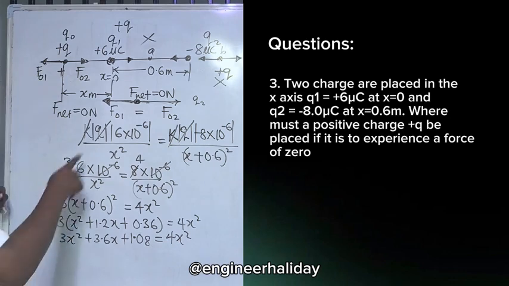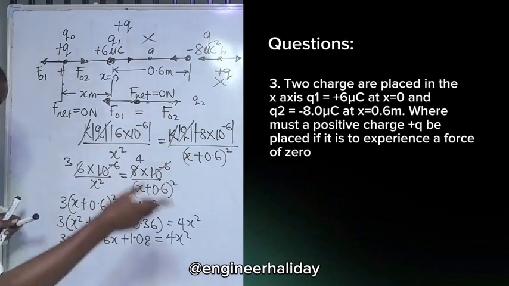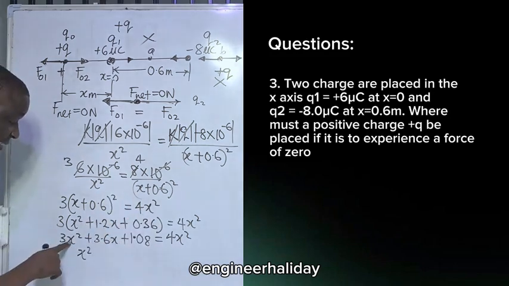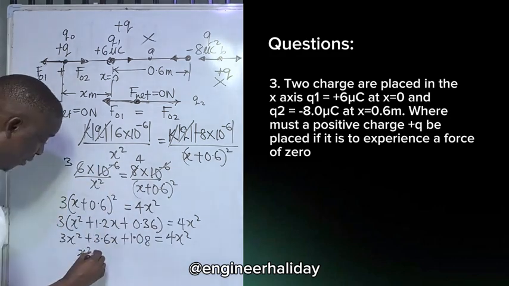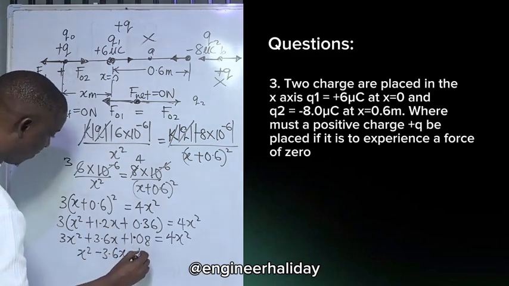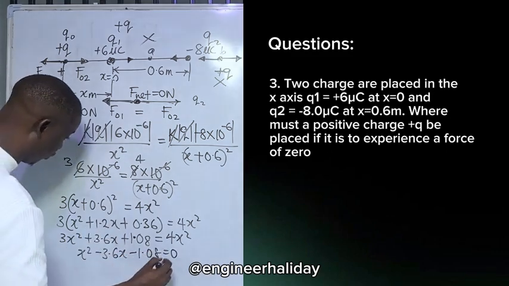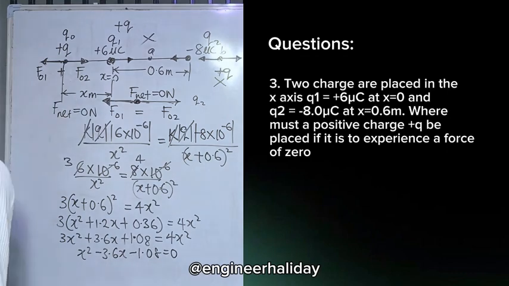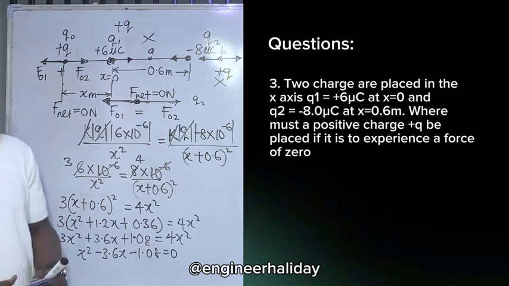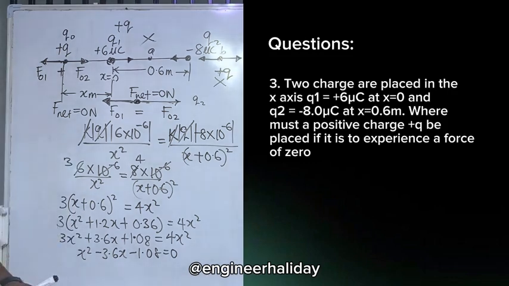Collect like terms. Let's move this one to the other side. If this one moves to the other side, we have x squared, because 3x squared removed from 4x squared gives x squared. This one moves, we have minus 3.6x. This one moves, we have minus 1.08 equal to 0. Now we solve for x, because we are looking for the position where the charge can be placed.